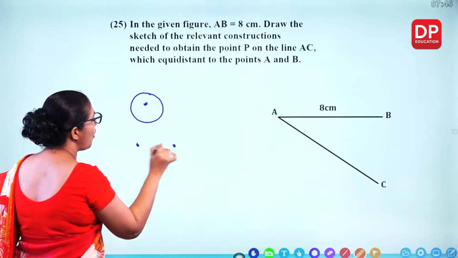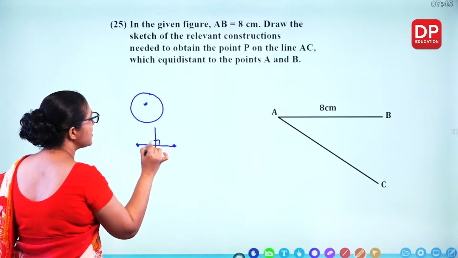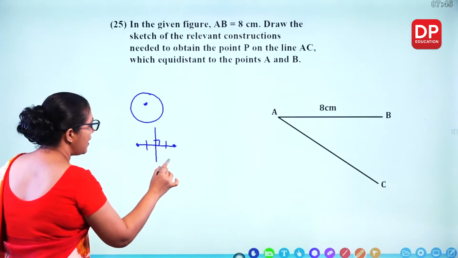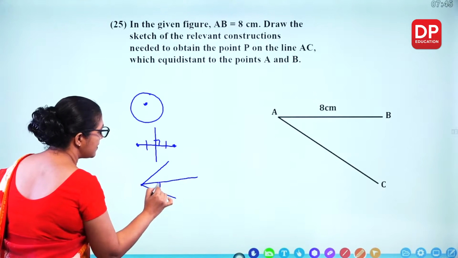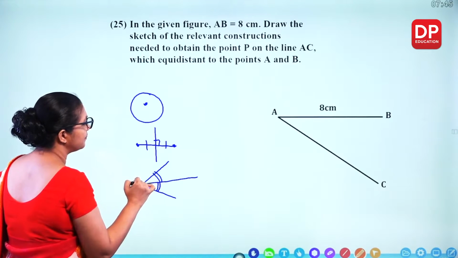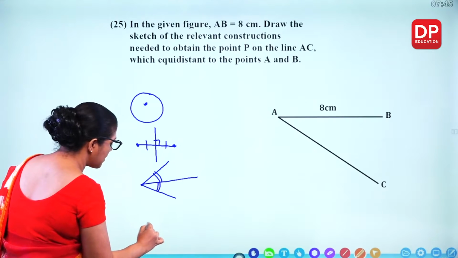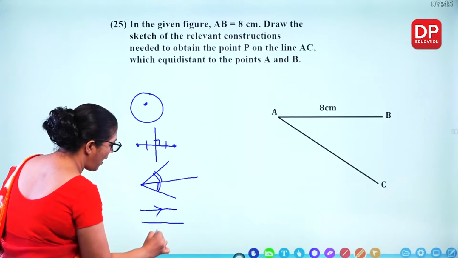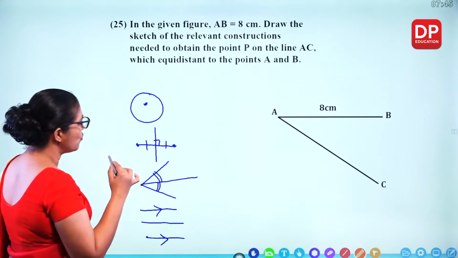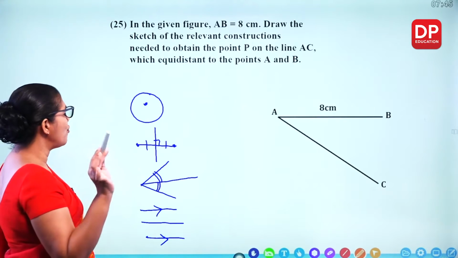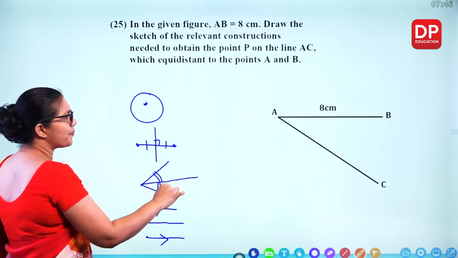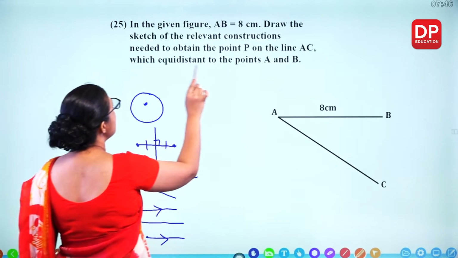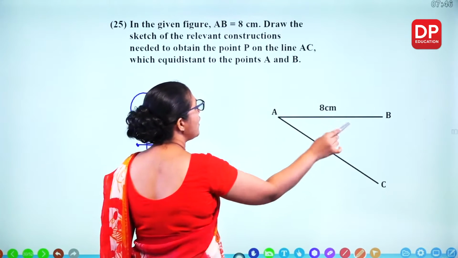Equidistance from 2 points, that's a perpendicular bisector. And equidistance from 2 adjacent lines, that's an angle bisector. And equidistance from a line is 2 parallel lines up and down. So 4 things always coming. You need to remember all these 4 things. 1, 2, 3, 4. So which one is that? This is equidistance from 2 points.